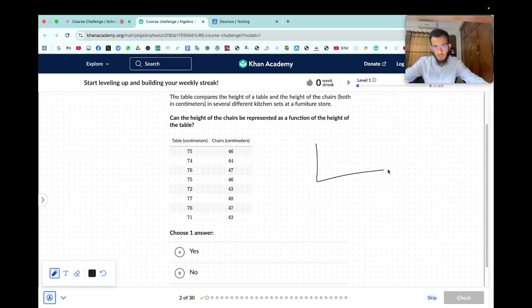We want to represent heights, so chairs go on the y-axis as a function of the heights of the table on the x-axis. Now, can we do that or not?